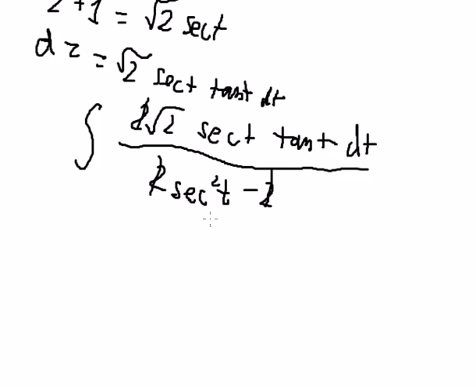And we have secant of t squared minus 1 is tan t squared.